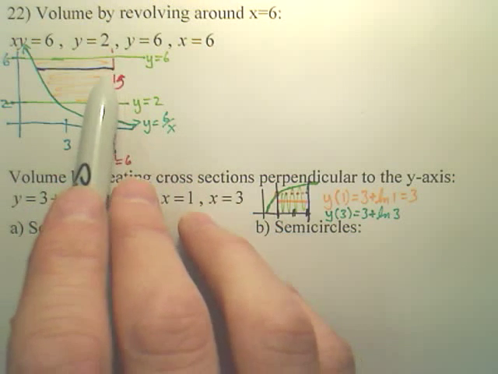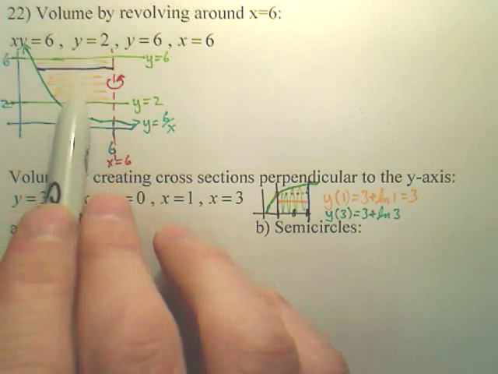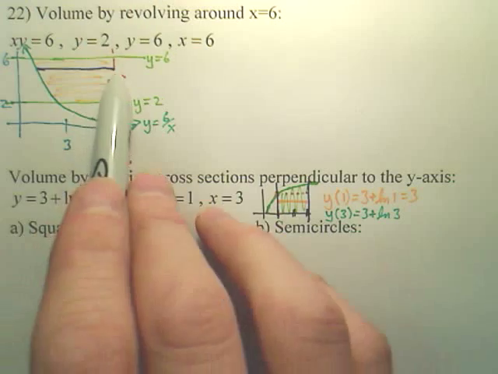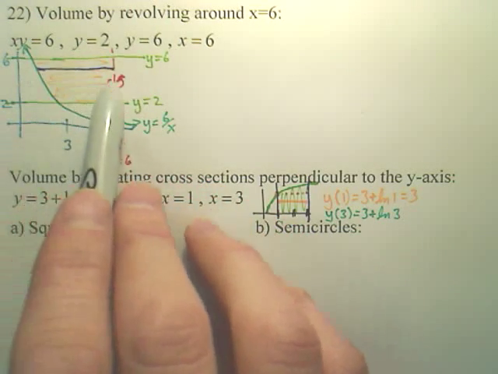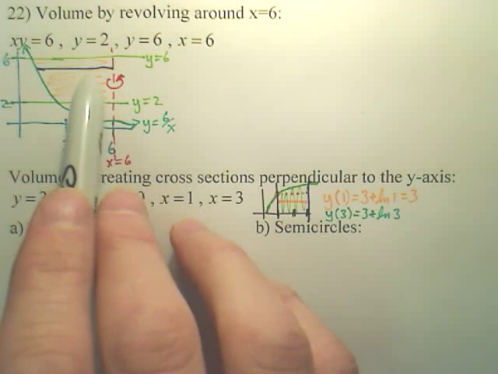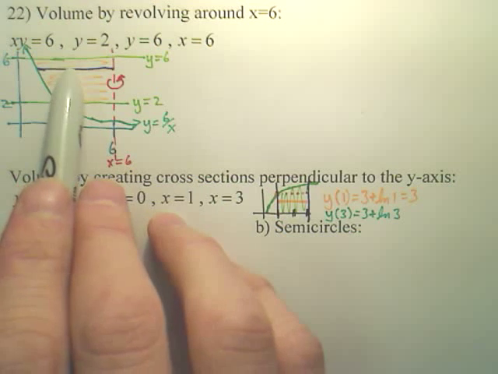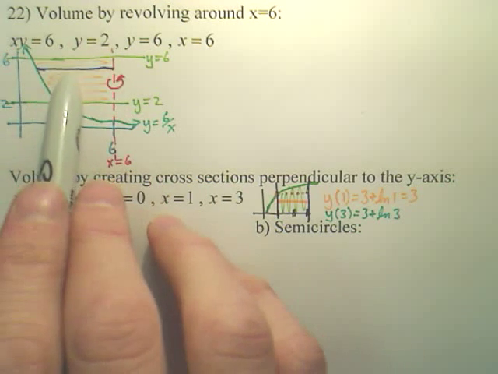Now, it's kind of hard for some people to see, but that orange space is the area we're revolving, because that orange space is between all four graphs. And when we revolve that, this blue line is the radius of a circle disk that is created. So when you're revolving it, that blue line is the radius again.